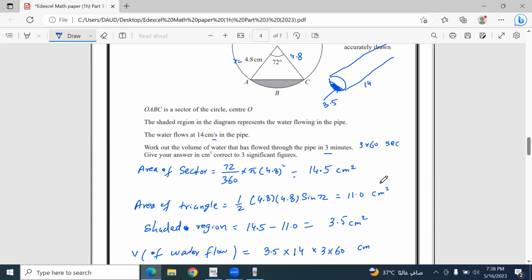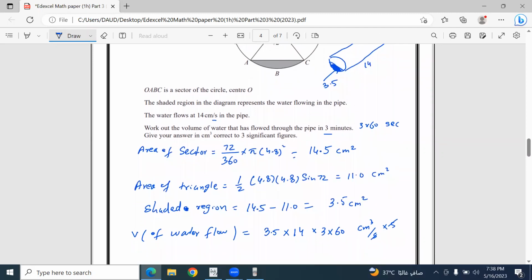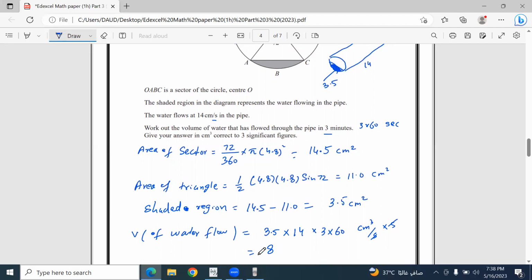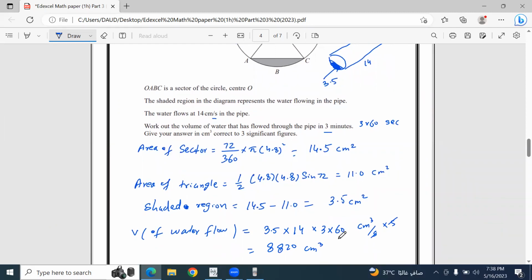Because this is volume, centimeter cube per second multiplied by second, we can cancel second and second, and at the end we will get what? Let me check here. 3.5 multiply 14 multiply 3 multiplied by 60 gives us 8,820 centimeter cube. This is the required volume of water flow. I hope you get it.